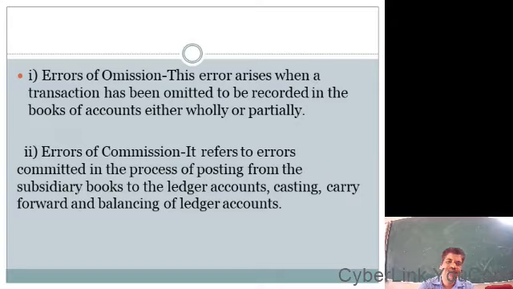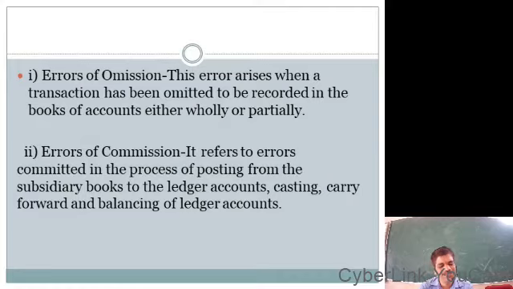Now, the first one is errors of omission. This error arises when a transaction has been omitted to be recorded in the books of account either wholly or partially. That means when a transaction is omitted fully or partially from the books of account, such types of errors are known as errors of omission.